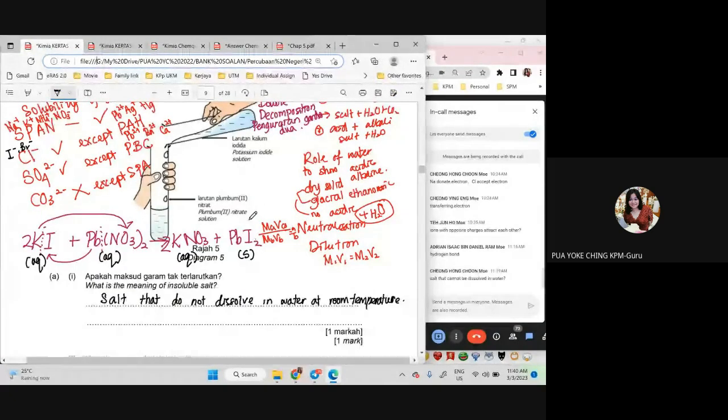Boleh tak saya tukar do not dissolve jadi insoluble? You just write insoluble. Atau you kata do not soluble. Yes or no?